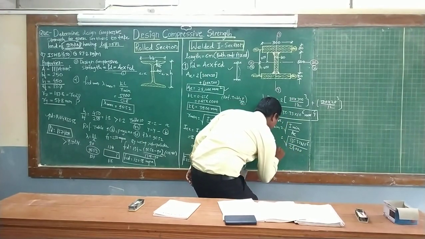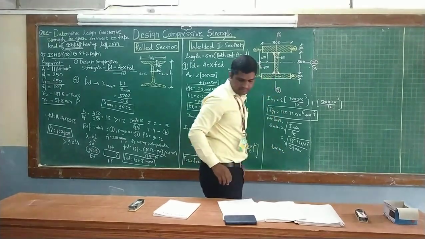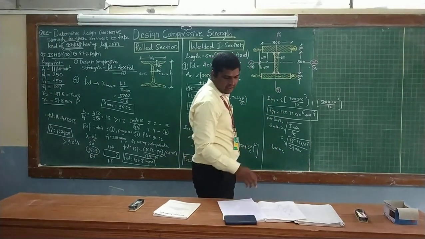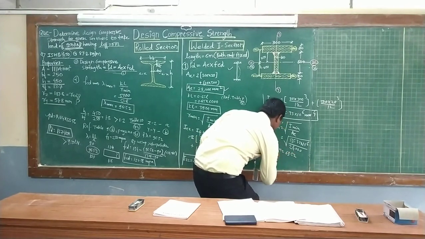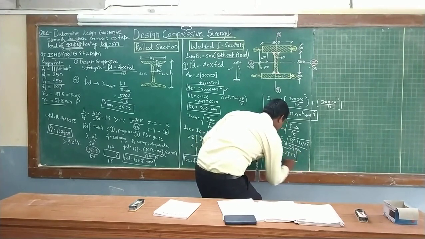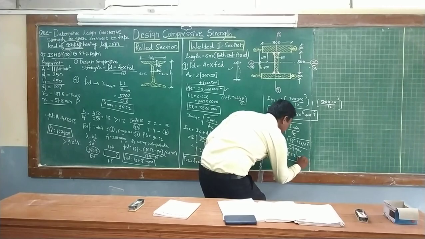So r minimum will be 69.52. 69.52 is your r minimum.